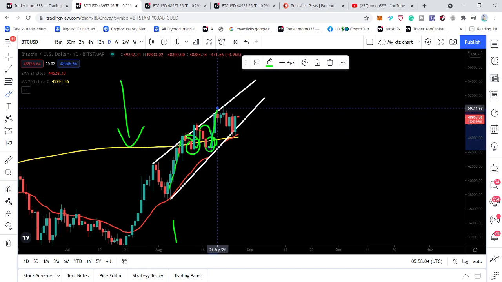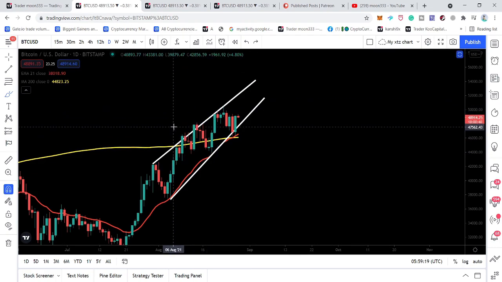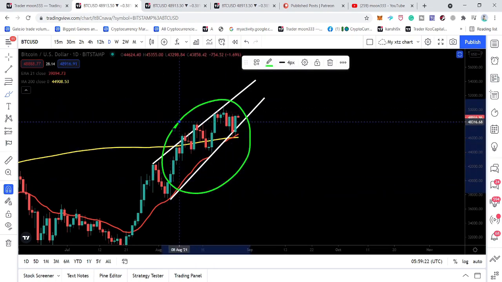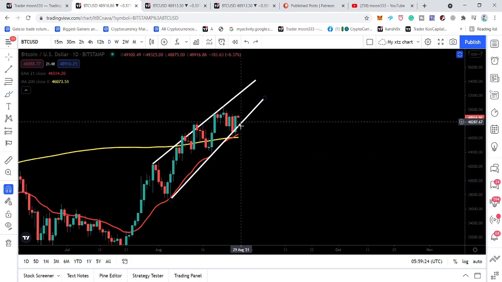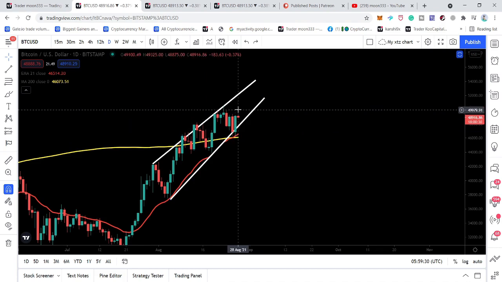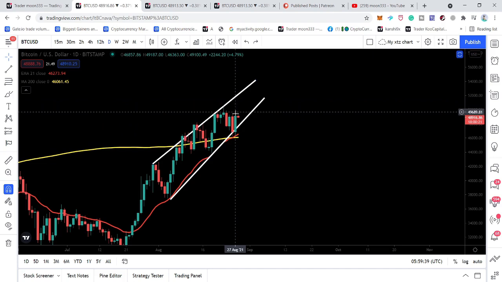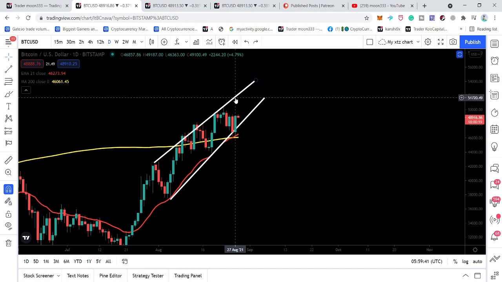And now this is the third time the price line was testing this simple moving average 200 on the daily time frame, and it is likely to have another bounce by this 200 and exponential moving average 21 very well. And now we can expect that the price line can again reach the resistance of this rising wedge pattern. This time, if the price line reaches the resistance, that will be approximately at $51,500 if the price line will hit here.